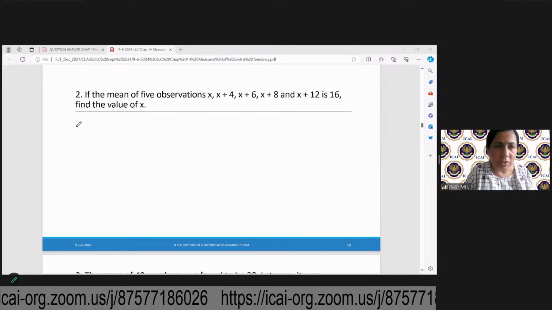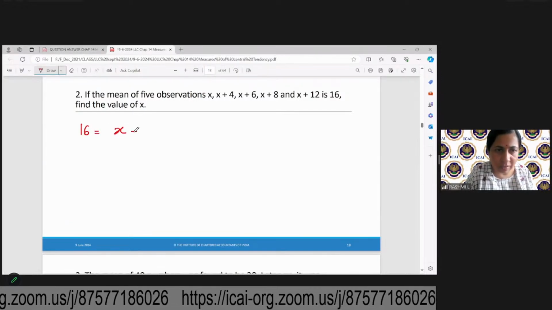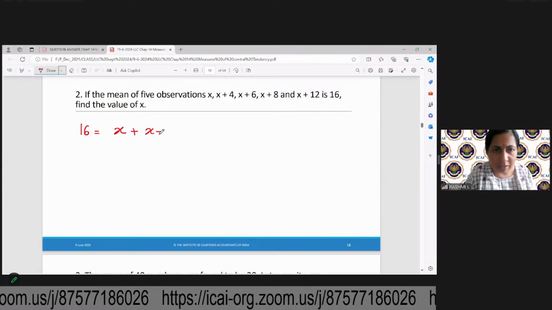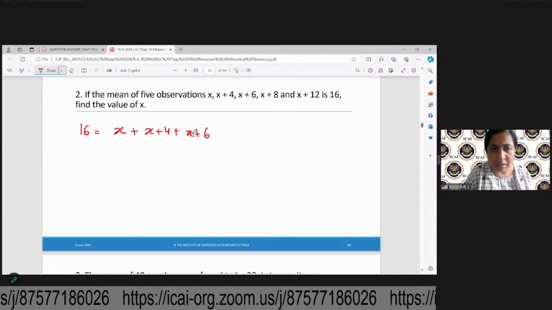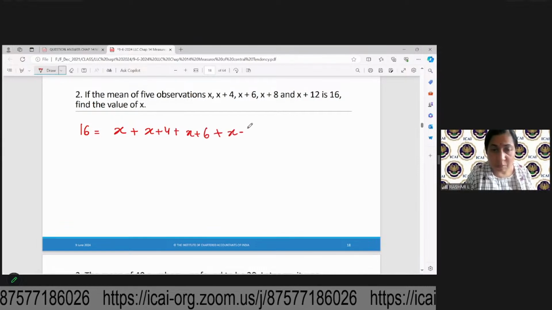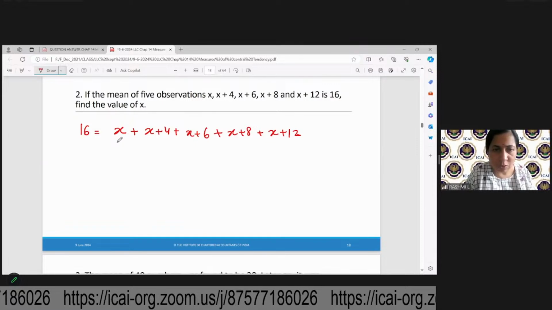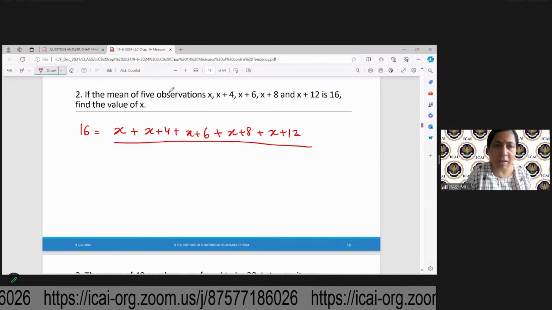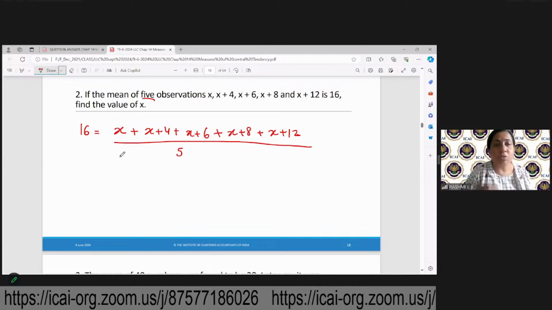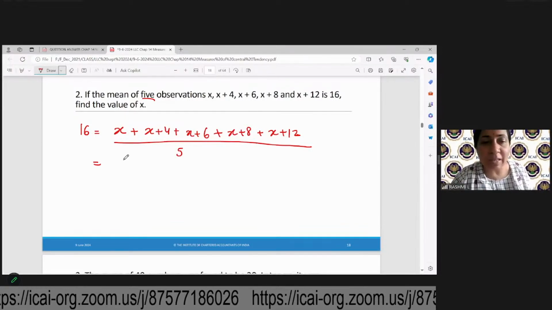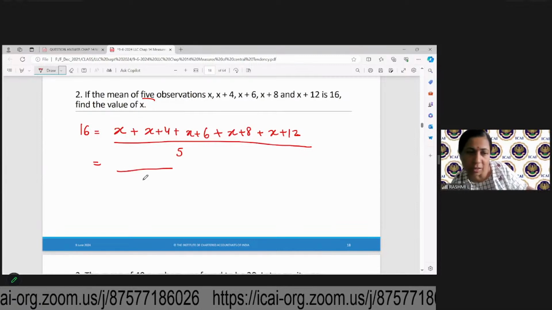So the average 16 is equal to x plus 2 plus x plus 4 plus x plus 6 plus x plus 8 plus x plus 12. This whole thing has to be divided by 5, since there are 5 observations. So can you add all the x and all the numbers and tell me what I should write in the numerator?